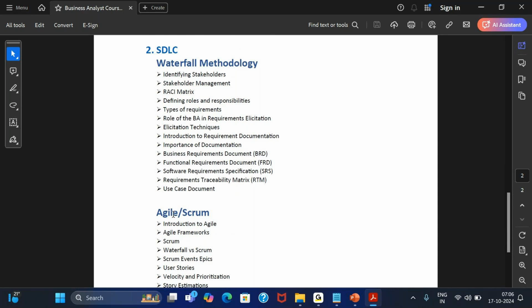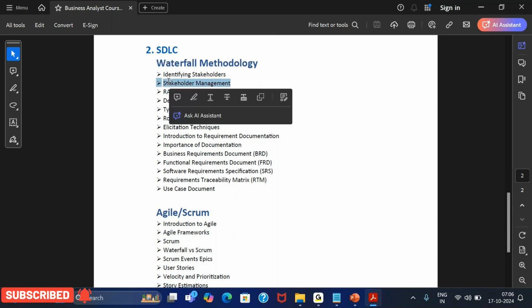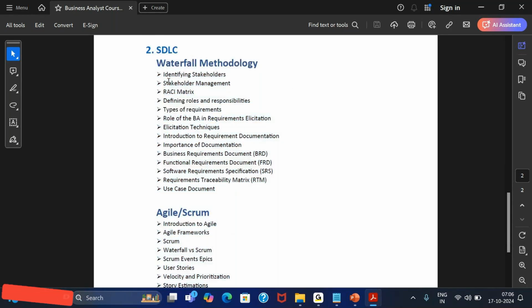Take agile or scrum for example, and the key activities you will be doing within that. Some activities will overlap. So though it may say waterfall methodology, stakeholder management is something that you will be doing in both waterfall and agile as well.